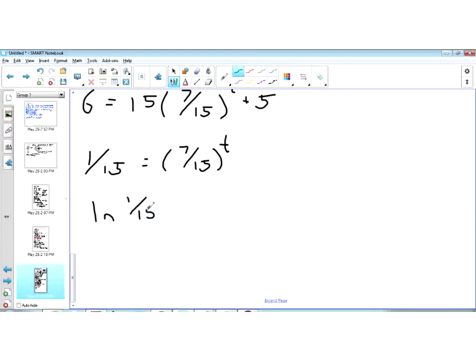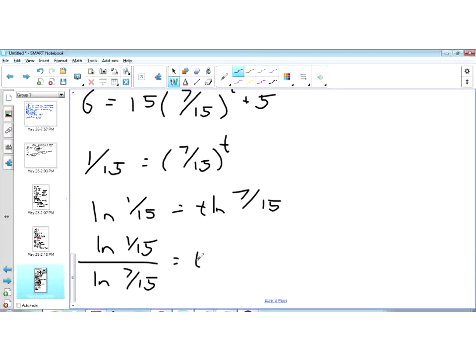So we have the natural log of 1/15 is equal to T times the natural log of 7/15. Dividing both sides by the natural log of 7/15, T is equal to the natural log of 1/15 divided by the natural log of 7/15. And that's approximately 3.6 minutes.